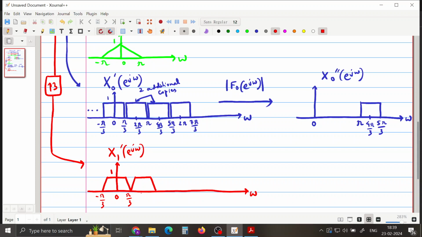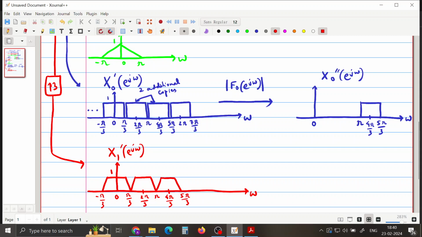This one is the first additional copy, centered at 2 pi by 3. Then we have another additional copy centered at 4 pi by 3.